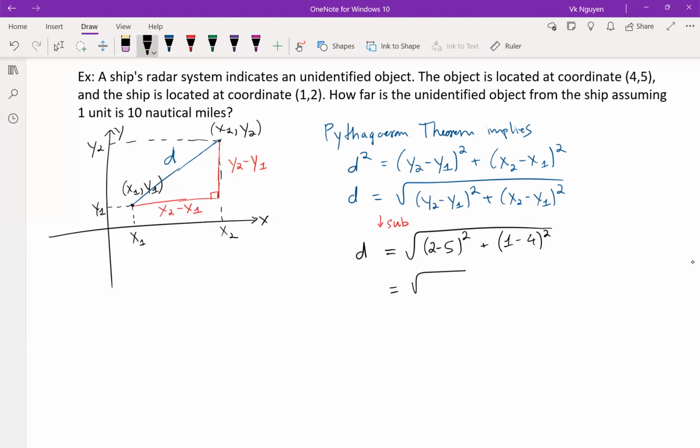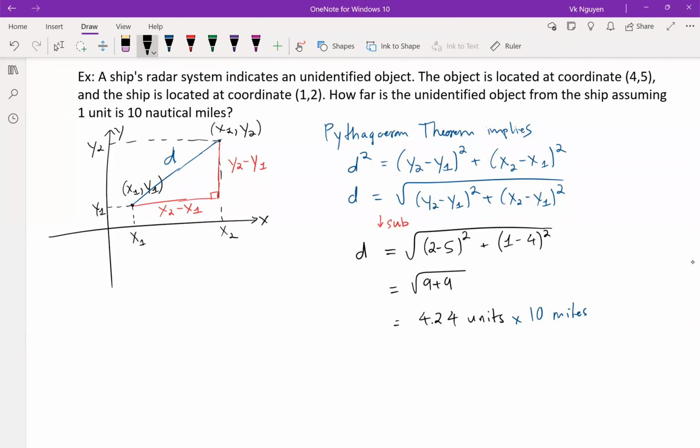We have root of 9 plus 9. So that is root 18, and root of 18 is 4.24 units. To convert it into nautical miles, we just multiply by 10 miles.